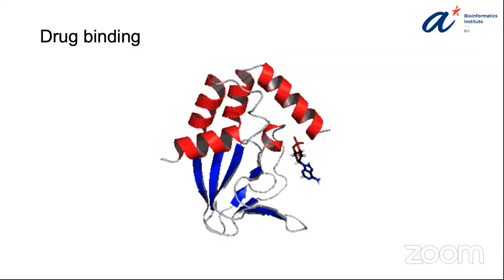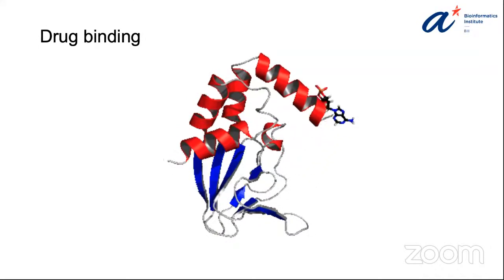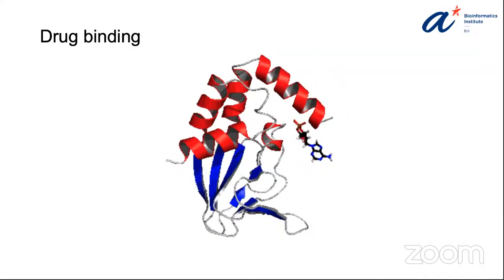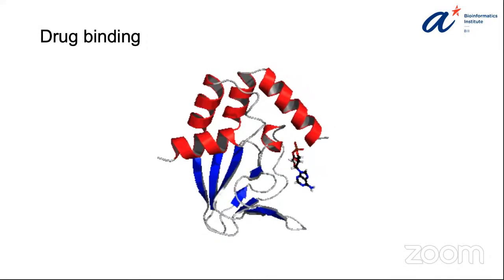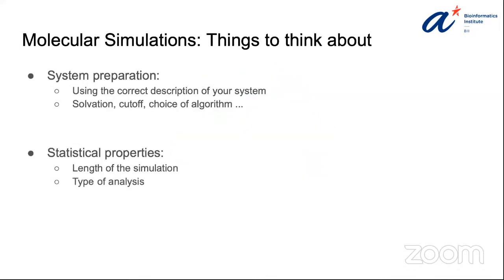But remember, again, that the models have limitations, and you must be aware of those limitations when you are using them. So with this, I will stress more. For example, when you are doing molecular dynamic simulations, you need to prepare your system. You need to have the right kind of input files.